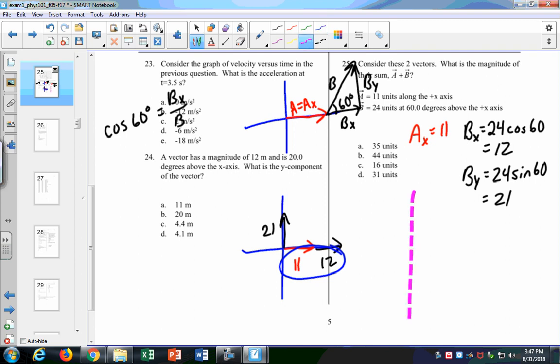And what I get is a vector that is 23 units long and another vector that's 21 units long. All I did there, we'll talk about this next week, is I shifted this vector over. I can do that with vectors, as long as I don't change their magnitude or direction. And I want to know what is the sum of these two vectors. That means I want to know what is the length of that hypotenuse. And so that's equal to the square root of 21 squared plus 23 squared.